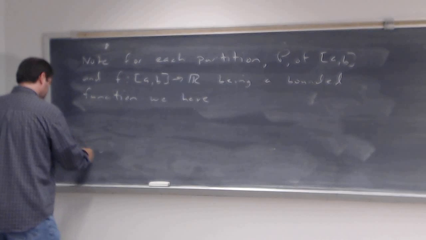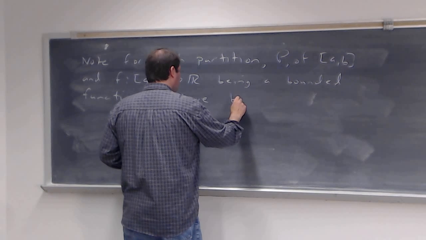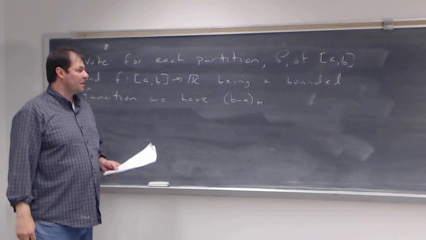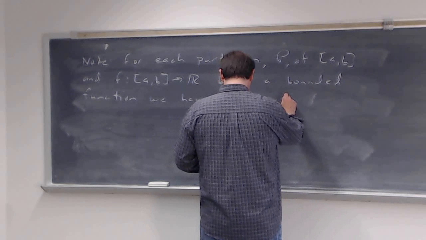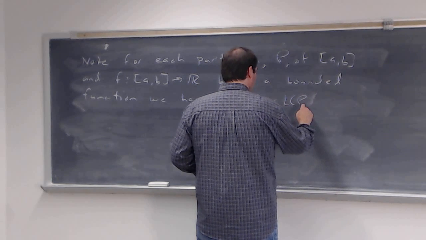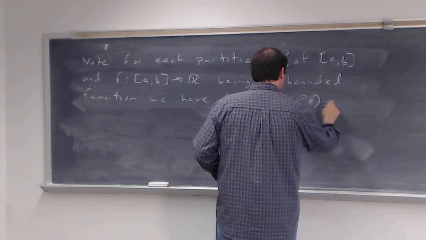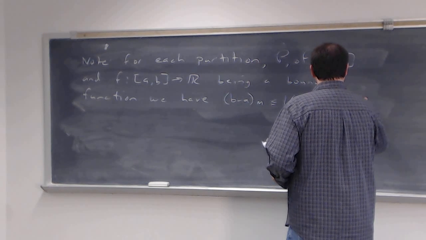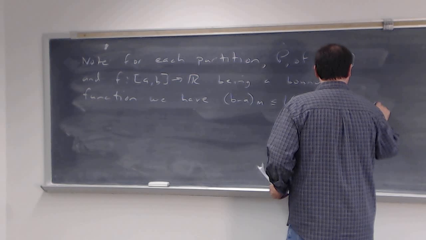We have that b minus a times m, where we think of this little m as the infimum of all output values for f on a to b, that's going to be less than or equal to the lower Riemann sum with respect to P and f, which is going to be less than or equal to the upper Riemann sum with respect to P and f, which is going to be less than or equal to big M times b minus a.